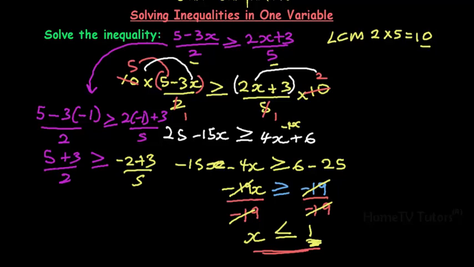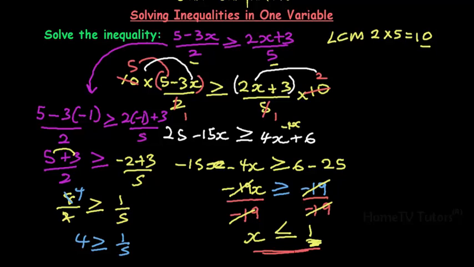Then on the left hand side we have 5 plus 3, which will give us 8 over 2 greater than or equal to minus 2 plus 3 will give us 1 over 5. So 2 goes in here 1, 2 in 4, 2 in 8 is 4. So we have 4 is greater than 1 over 5.